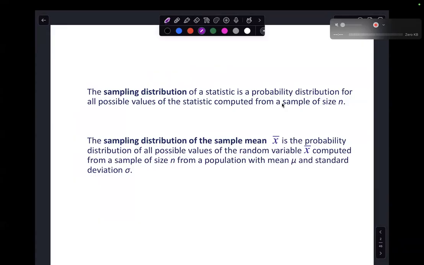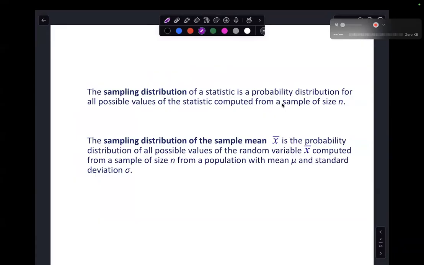So it's every possible sample that you can take, without duplicating the sample. For example, something really small: if I'm taking a sample of 2 from a population of 3, I can have 1 and 2, I can have 2 and 3, and I can have 1 and 3. Those are all the possible samples of size 2 from 3 items. So that's what a sampling distribution is.